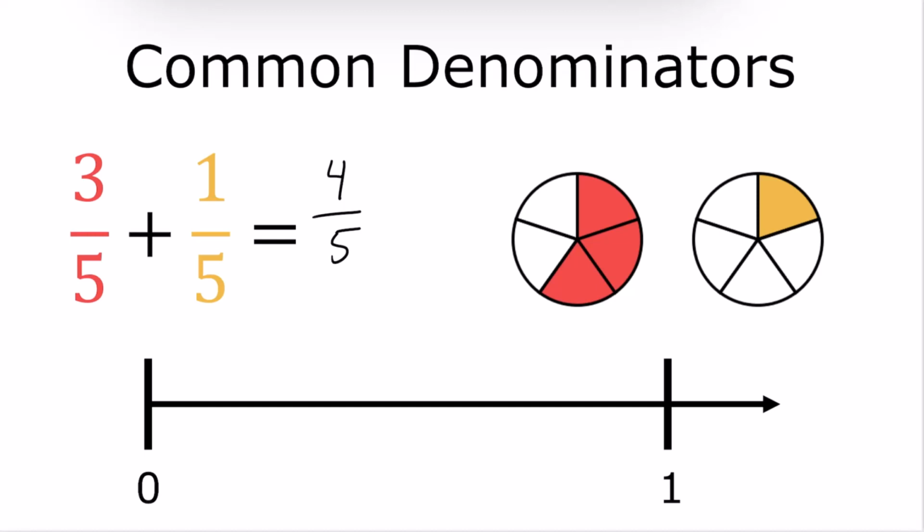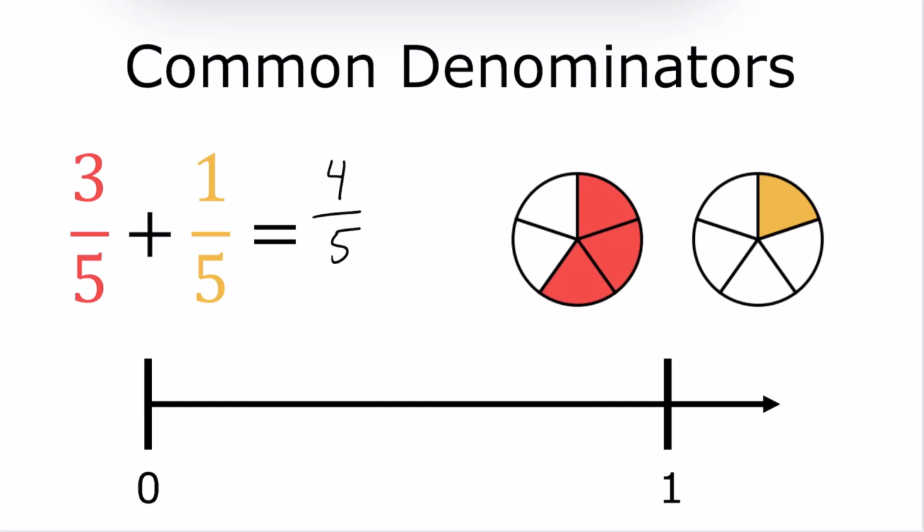Because if it was a number like 8 instead of 5, then my pieces would be smaller because I would have 8 pieces in a whole instead of 5 pieces. So the denominator stays the same because we're not changing the size of the slices. And when you add 3 of those slices to one slice, that gives you a total of 4 of those slices that are of size 5.